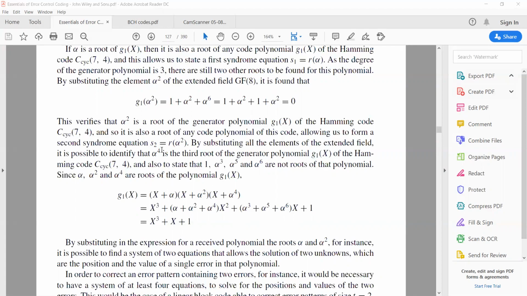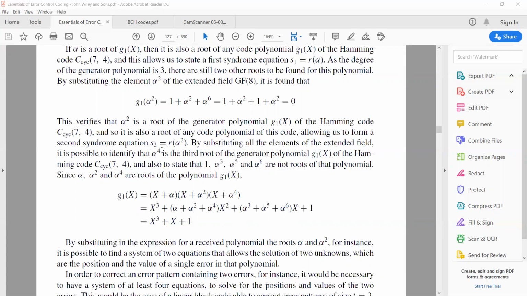So we have considered the Galois field of order 2 to the power 3, where 3 was the highest degree.